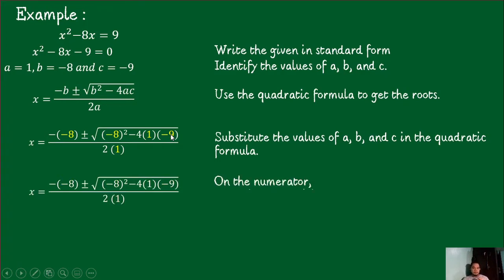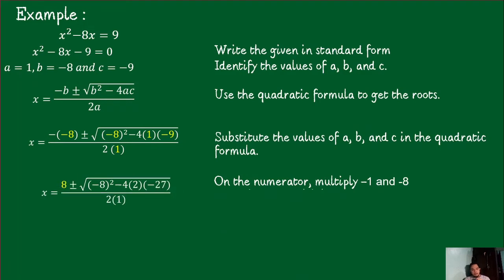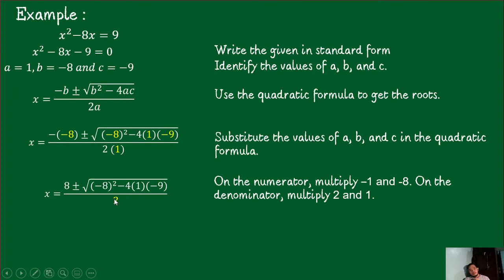Then, on the numerator, we have to multiply negative 1 and negative 8, and that will be equal to positive 8. So ang nangyari, dinistribute natin si negative 1 kay negative 8, kaya naging positive 8. Next, on the denominator, we have to multiply 2 and 1. 2 times 1 is equal to 2.